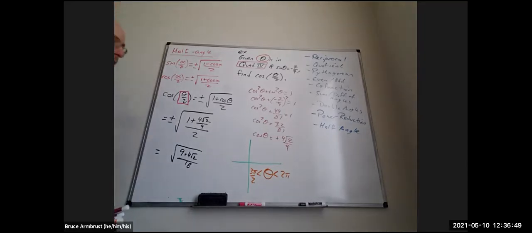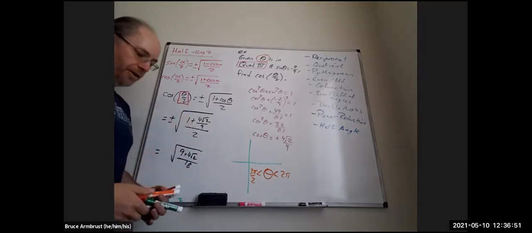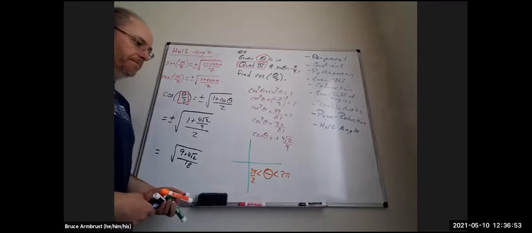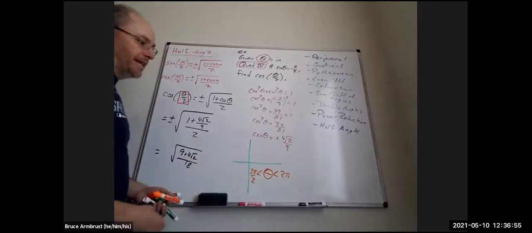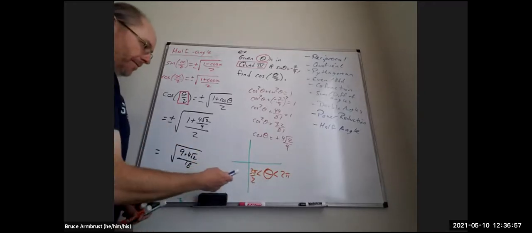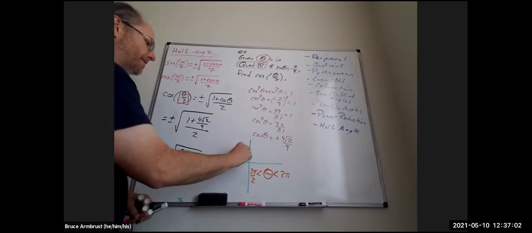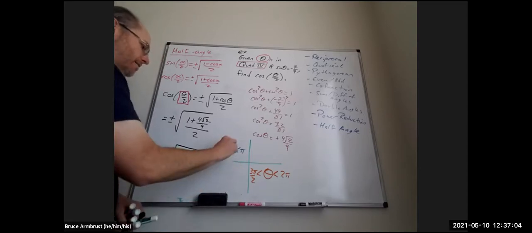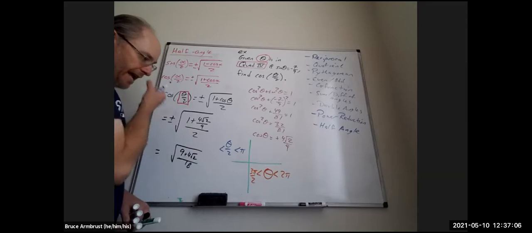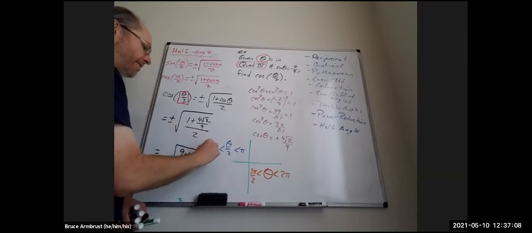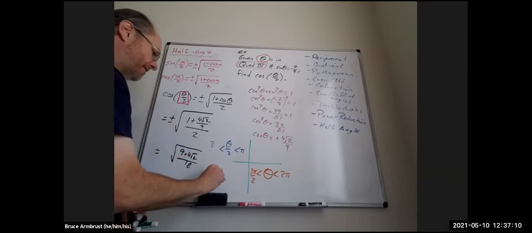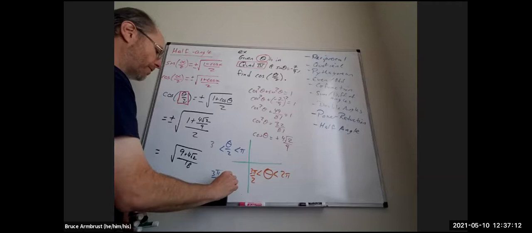Well, remember what I want is theta over 2. So let's cut those in half. 2 pi, if I cut that in half, is pi. 3 pi over 2, if I cut that in half, let me write it down here, is 3 pi over 4.